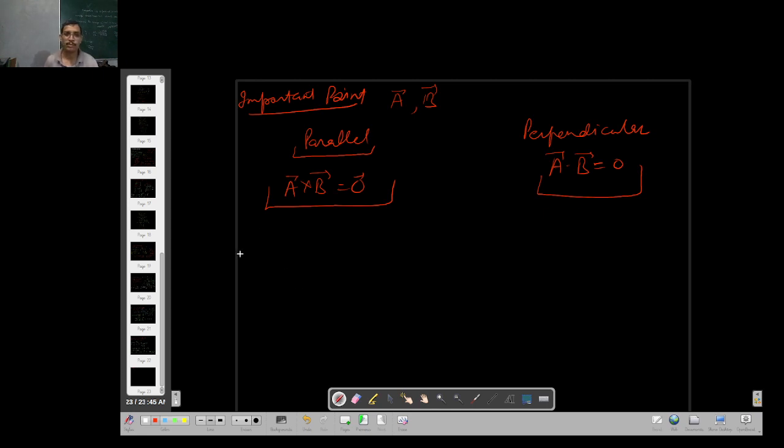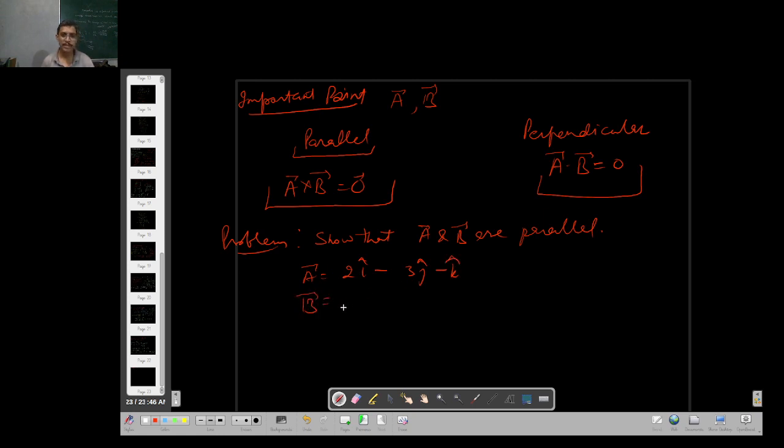So let us do one problem relating to it. We have to show that A and B, two given vectors, are parallel, where A is given as 2i cap minus 3j cap minus k cap, and B vector is given to us as minus 6i cap plus 9j cap plus 3k cap.